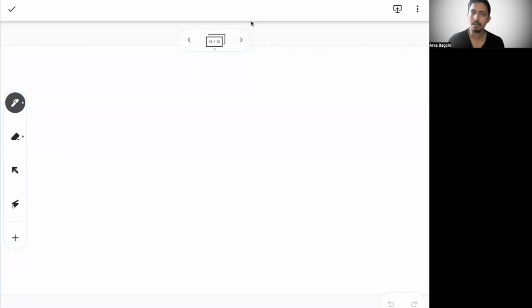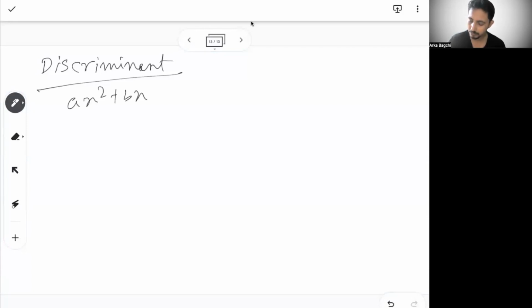Right now, let's take typically the last part before we wrap: in the quadratic equation, the discriminant. Now, what is a discriminant? ax square plus bx plus c equal to 0 is a generic equation. The generic solution works no matter whether you do middle term or anything else.